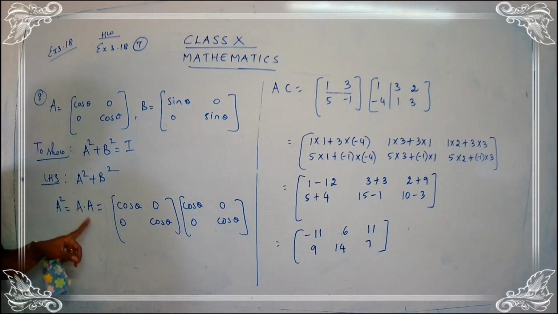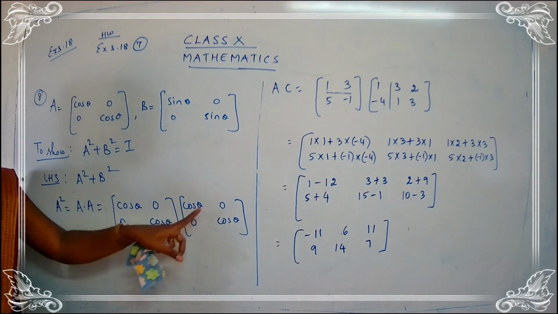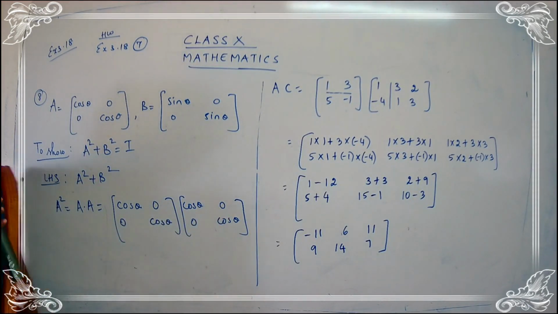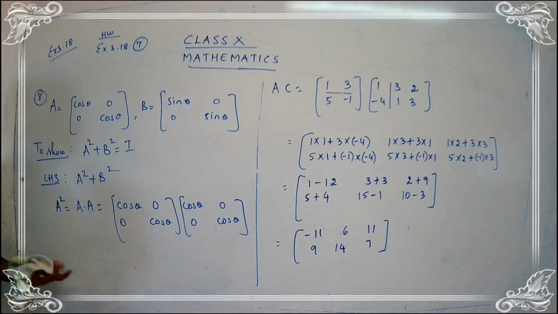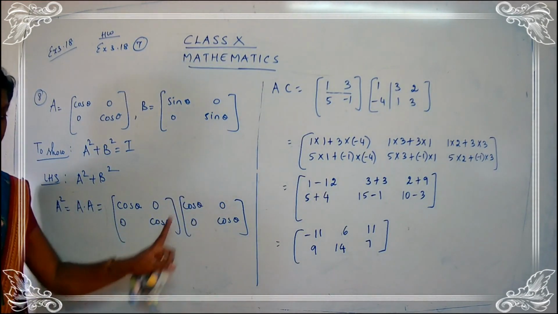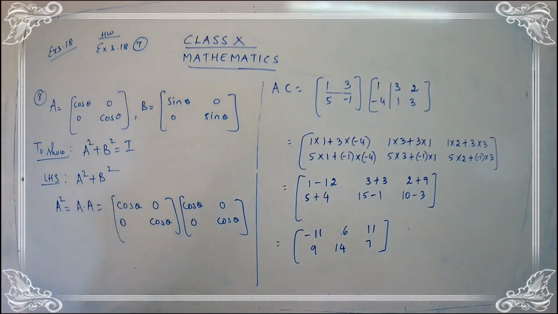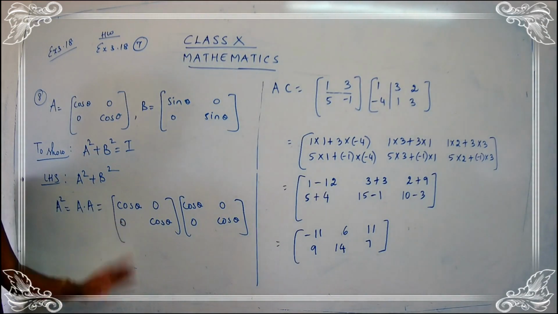So A into A: cos theta 0, 0 cos theta, cos theta 0, 0 cos theta. As usual, we have to take the first row and all the columns, second row and all the columns. Here, instead of numbers, you are going to deal with a trigonometric function. That's all.